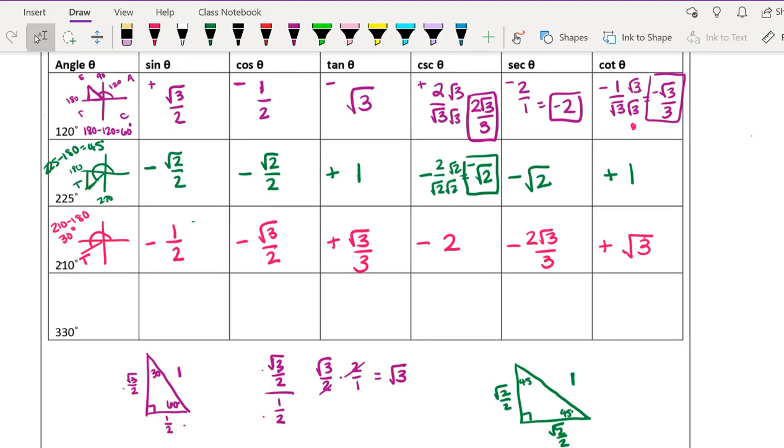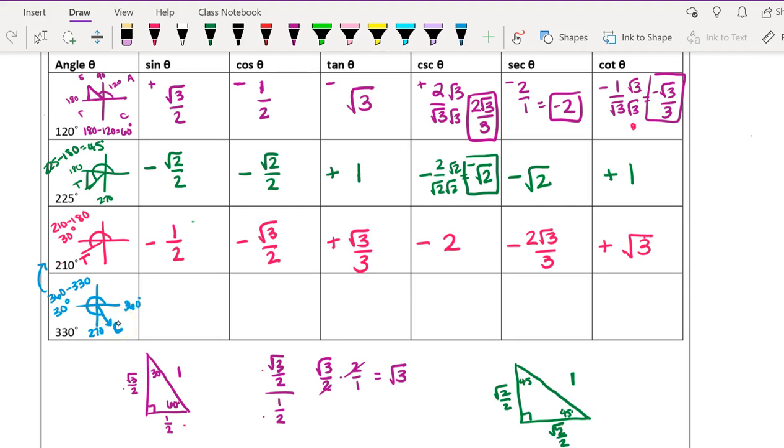Okay? All right. Then for my 330 degrees, let's find where I am. I am all the way in quadrant 4, because this is 270 and this is 360. If I do my 360 minus 330, I am at a 30-degree reference angle. So it's the same reference angle as here. The only thing that's going to change is my signs.